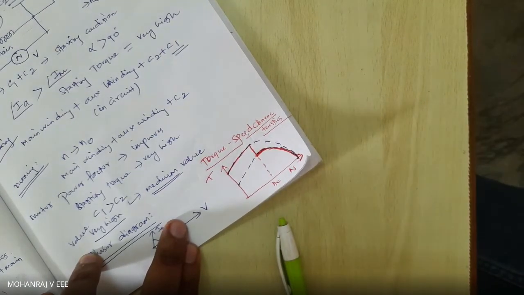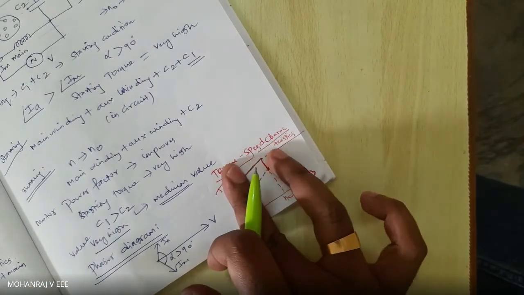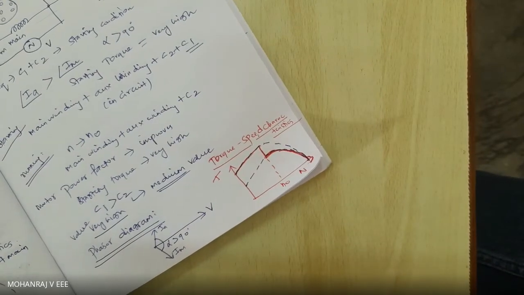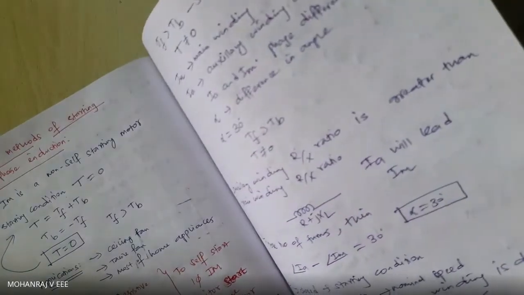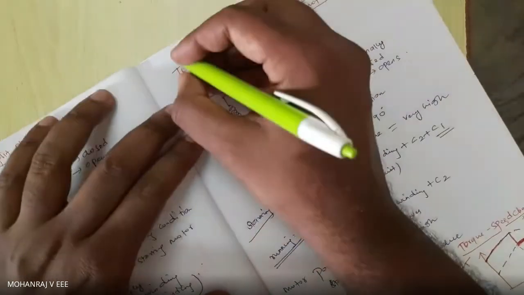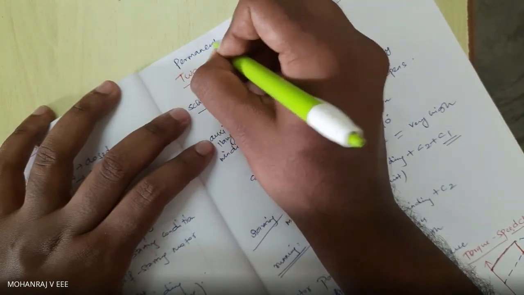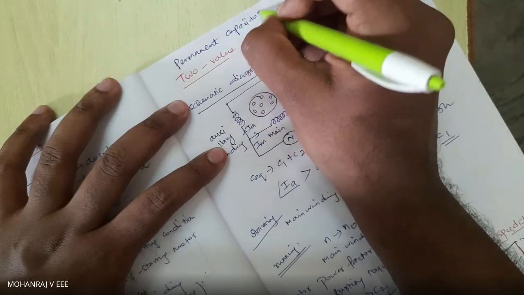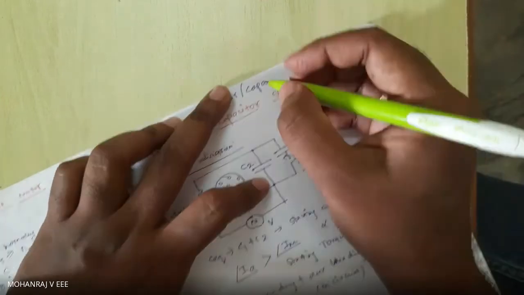Right. Okay. Now we have the last type, which is permanent capacitor split phase motor, or that can also be called as capacitor run.